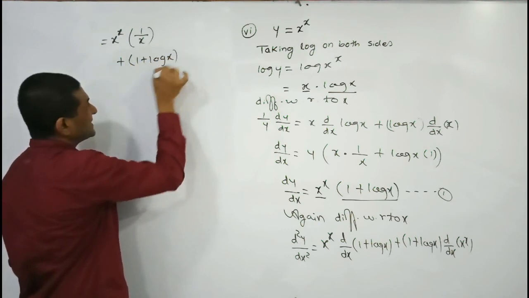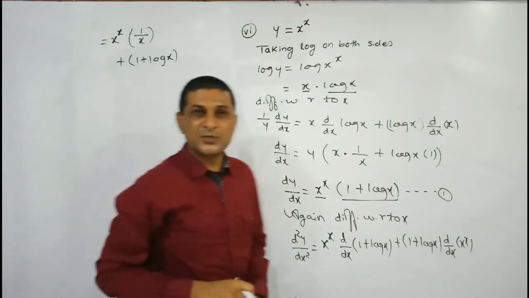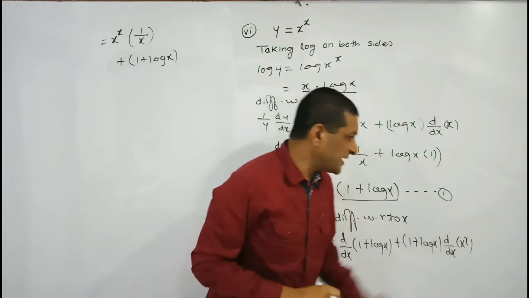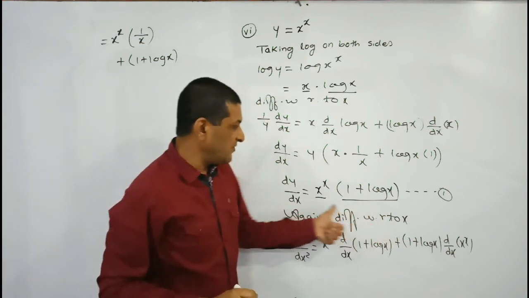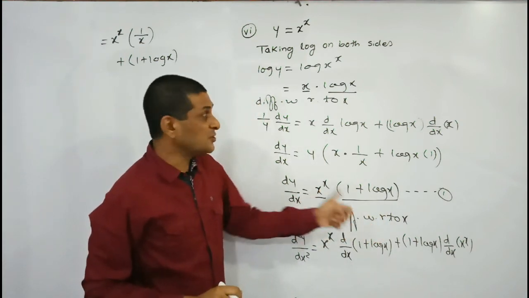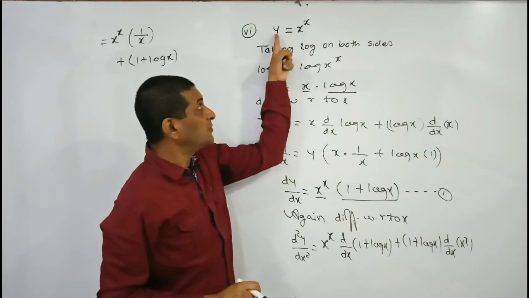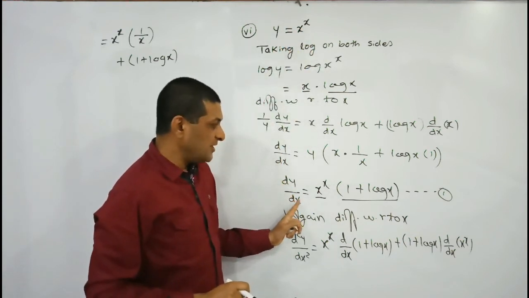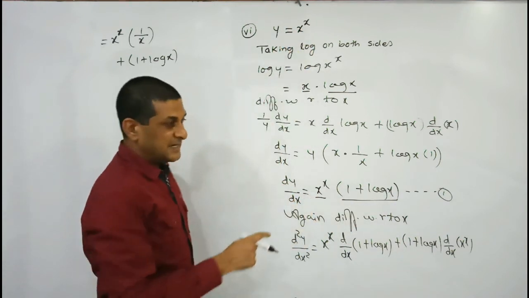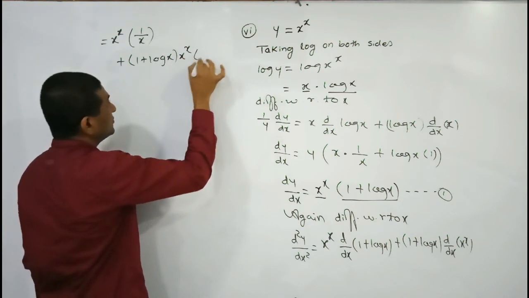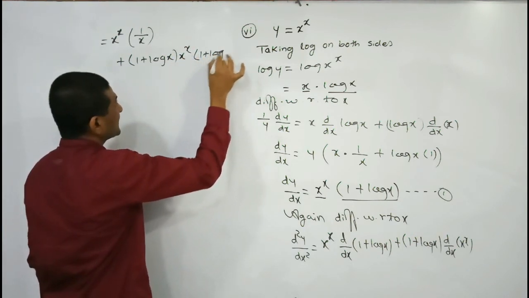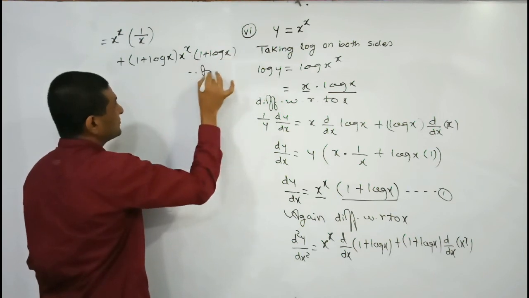Now we are substituting the value of the derivative of x raised to power x, because y is equal to x raised to power x. So dy upon dx means the differentiation, and the derivative of x raised to power x will be x raised to power x into 1 plus log x. This value we are substituting from which equation?